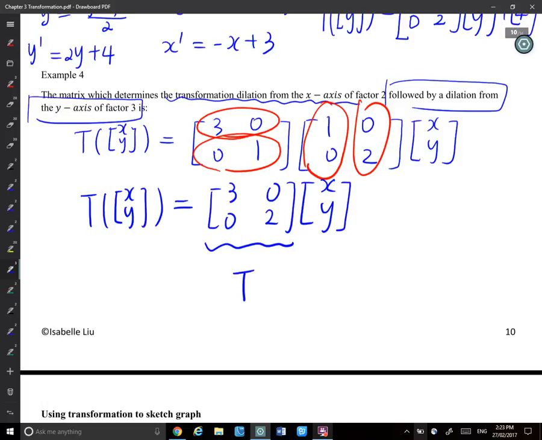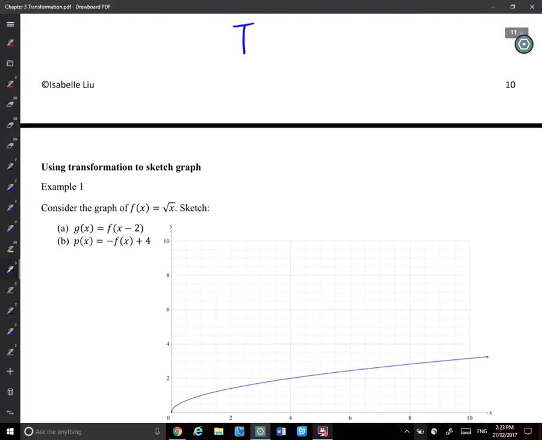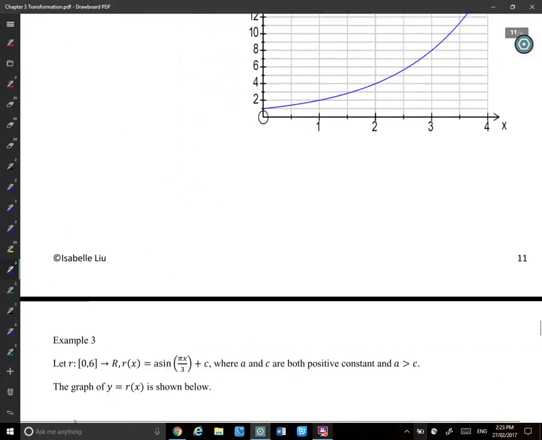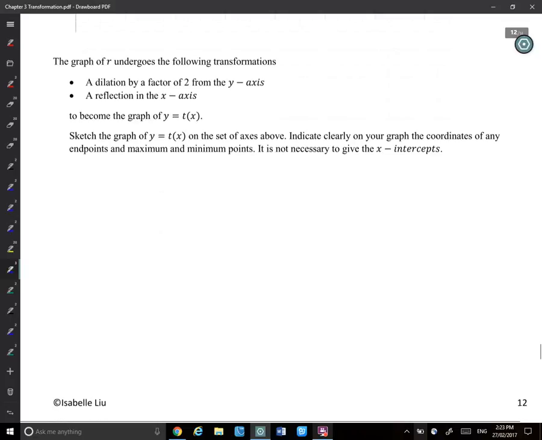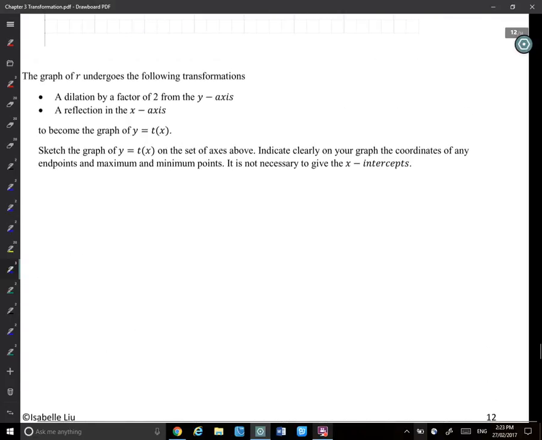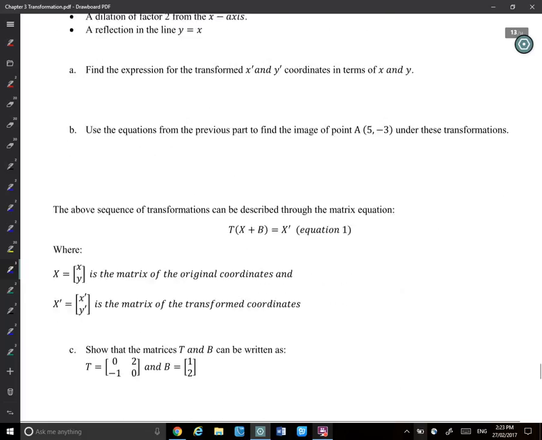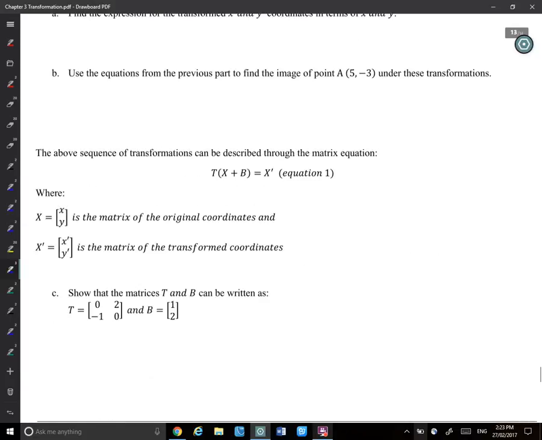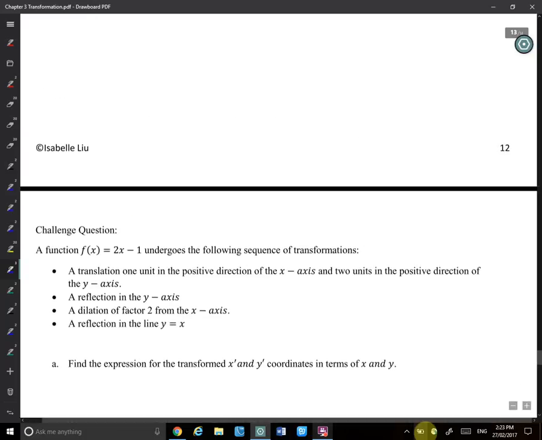I will have a big question later, but I want to go through using transformation to sketch graphs. First of all, can you write down your homework for today?